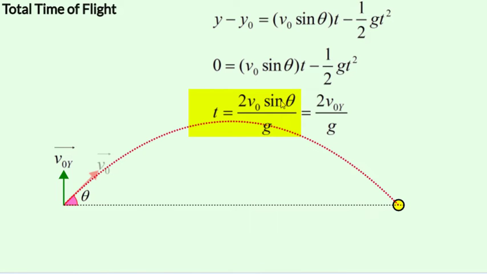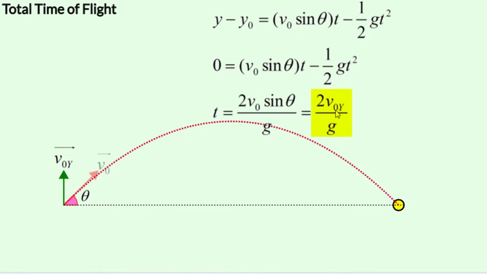And v0 times sine of theta is the initial velocity of the projectile along the y-axis. So the time of flight could also be expressed as 2 times v0y over g, where v0y is v0 times sine of theta. And then this formula looks very similar to the formula where a ball is thrown vertically upwards with a velocity of v0.